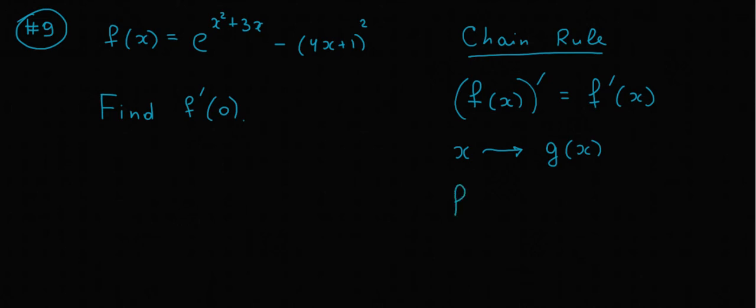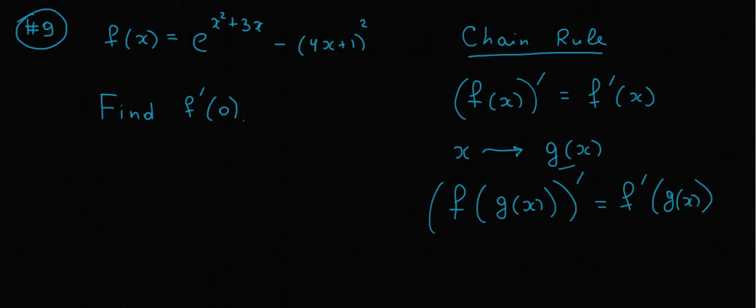So let's first of all replace x with whatever we want to replace it with. The formula is going to become the derivative of f of g of x, the derivative of the function that results from replacing x with g of x in the function f of x. It will equal f prime of g of x.